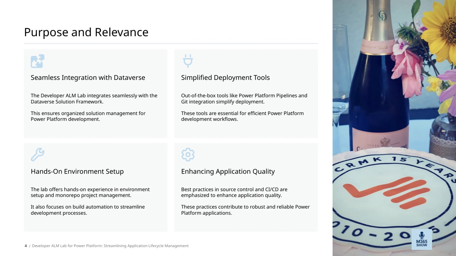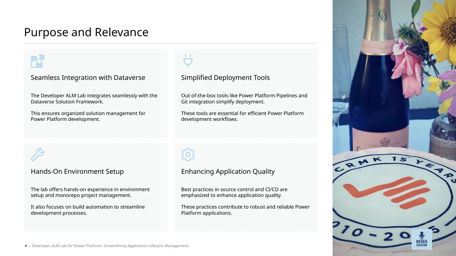Plus, there's a focus on build automation, which is all about automating repetitive tasks to speed up development and ensure consistency across deployments. When it comes to deployment, we're leveraging out-of-the-box tools like Power Platform pipelines and Git integration. These tools are designed to simplify and accelerate the deployment process, making it easier to push updates and maintain applications without hassle. They're essential for maintaining efficient workflows in Power Platform development. Finally, the lab integrates seamlessly with the Dataverse solution framework.